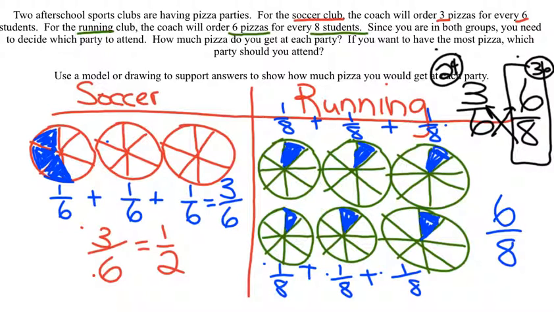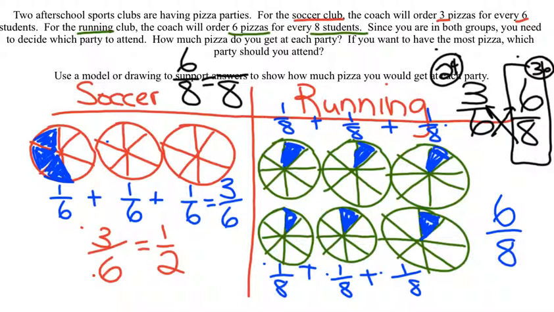Another way you can look at it is, you know that the soccer club is 1/2. He's able to eat 1/2 of a pizza. You can figure out whether 6/8 is more or less than 1/2 by determining what is equivalent to 1/2 in eighths. So if I have 8 slices, what is going to be 1/2 of 8?